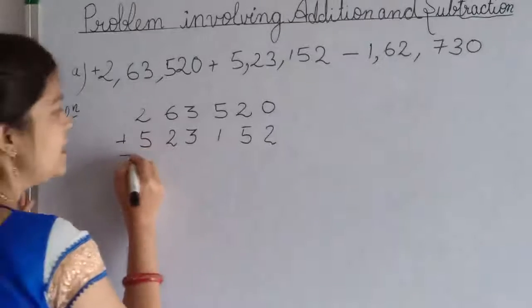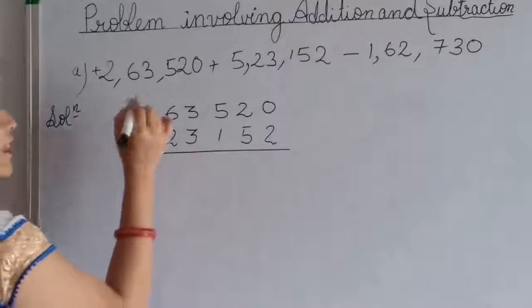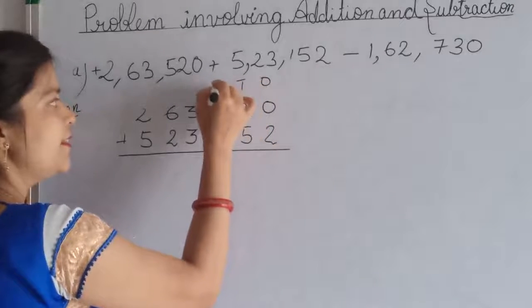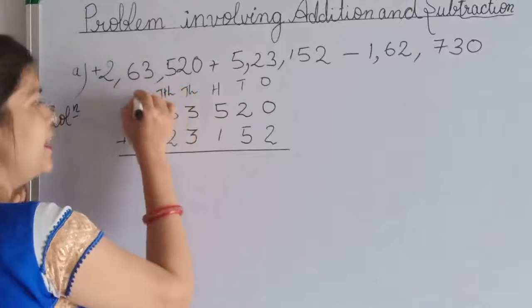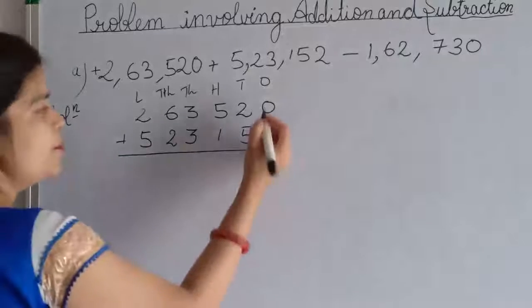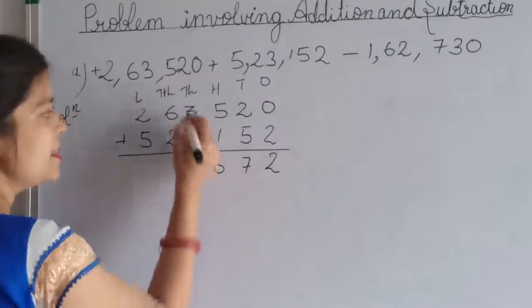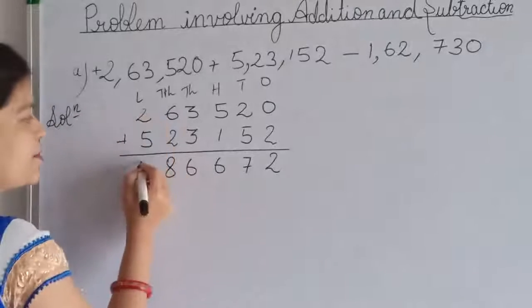We have to add these two numbers. And if there is a confusion, you can write the place value table also: ones, tens, 100, 1,000, 10,000 and lakh. Okay. Now you add it nicely. 2 plus 0, 2; 5 plus 2, 7; 5 plus 1, 6; 3 plus 3, 6; 6 plus 2, 8; and 5 plus 2, 7.